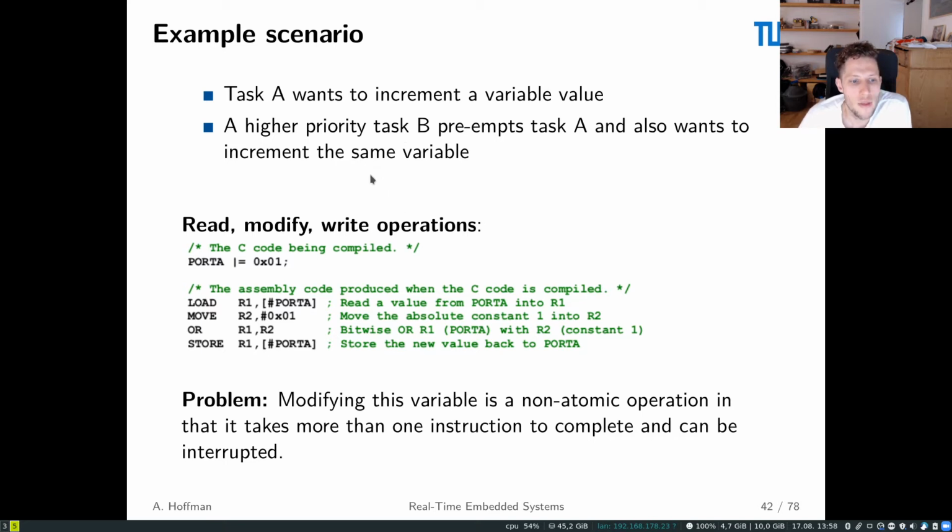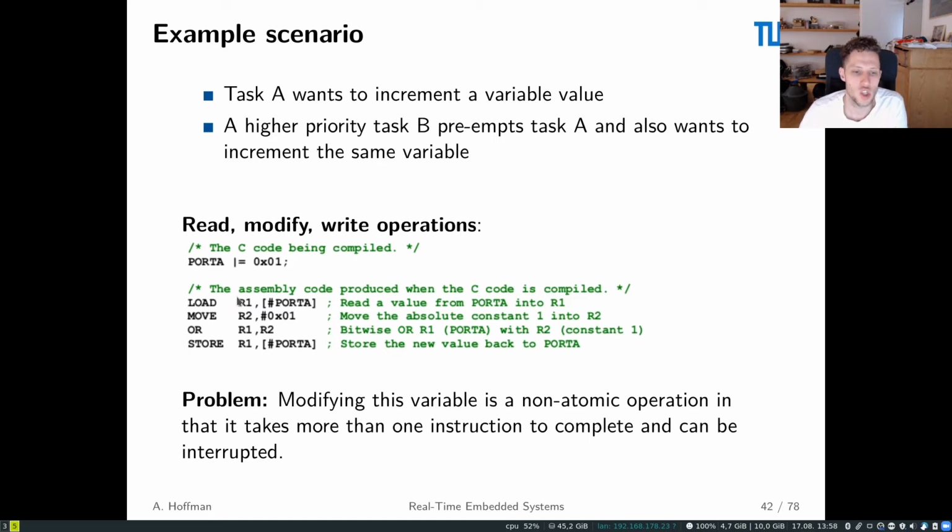Now, the thing about how variables in memory are actually incremented is that you have assembly instructions and registers used to load the value we want from memory, move a constant and OR it to increment, and then store the new value back, right?